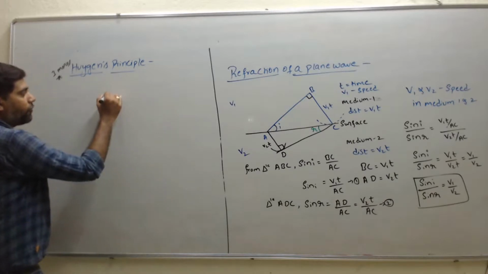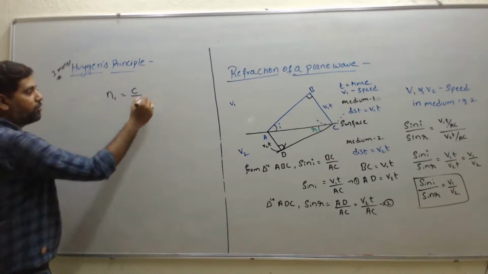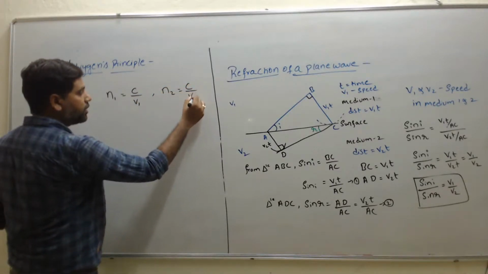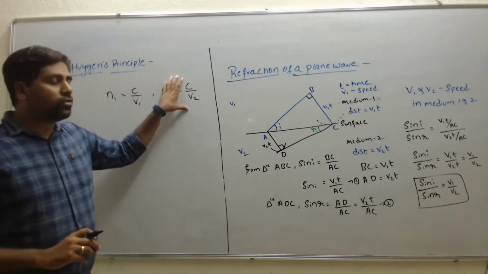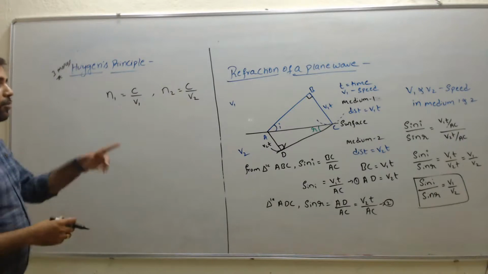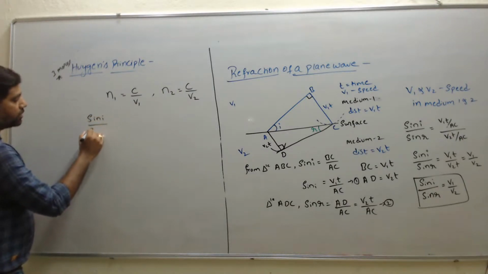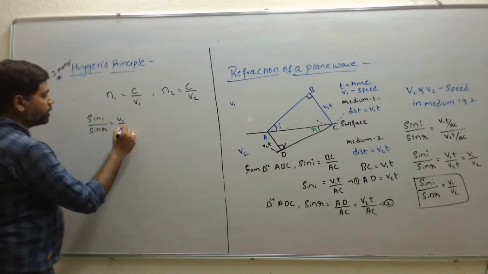So we know the refractive index of medium 1, N1, is equal to C divided by V1, and the refractive index of the second medium is equal to C divided by V2. These are the absolute refractive index of the first medium and the absolute refractive index of the second medium. So here we get sin I divided by sin R equals V1 by V2.